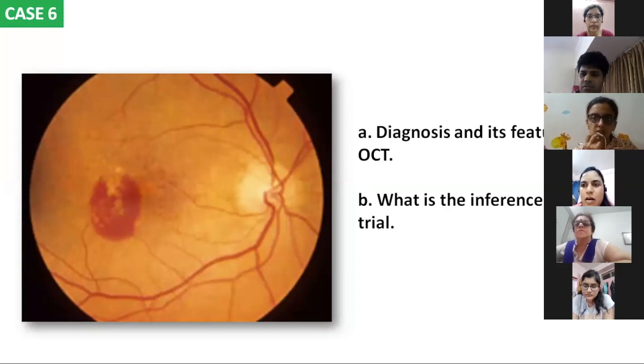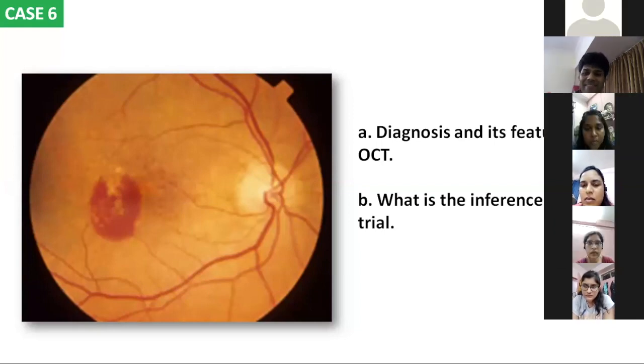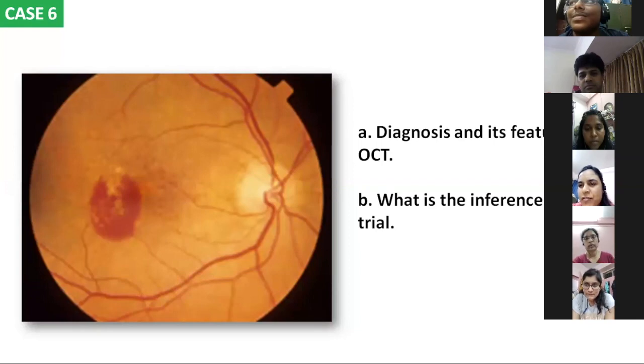Next question. So the CAT trial was for the same neovascular ARMD. It was to see the efficacy of ranibizumab and bevacizumab, comparing the two.